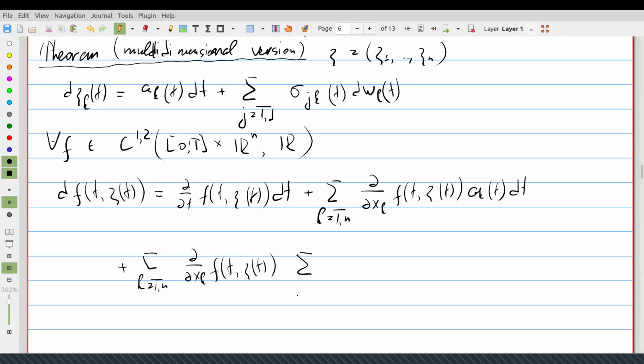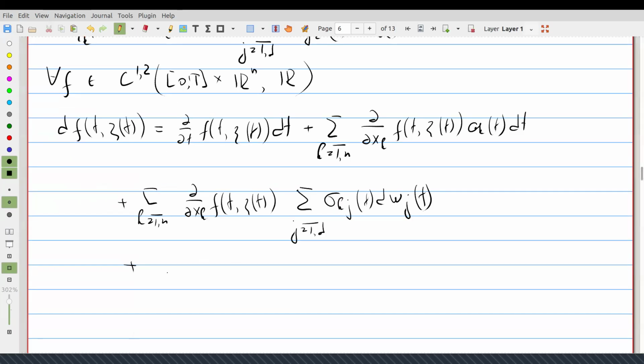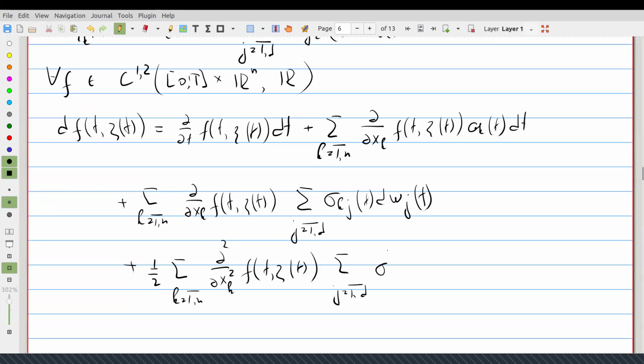And here we have our stochastic part, just in this form, dW, and a correction with 1/2, which is 1/2, again, sum from k to 1 to n, d dx k squared, f t psi of t, sum j from 1 to d sigma.